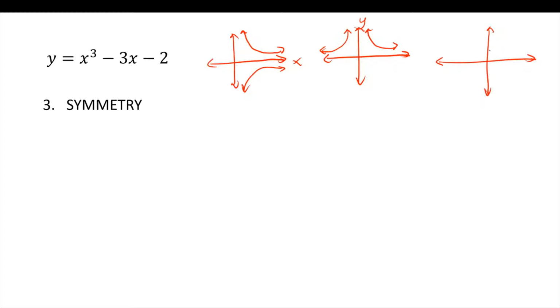Say for example, a curve is present on the first quadrant, then its mirror image is located on the third quadrant. So this is symmetry with respect to the origin. Or if the curve is present on the second quadrant, then its mirror image can be seen in the fourth quadrant. So this is again symmetry with respect to the origin.